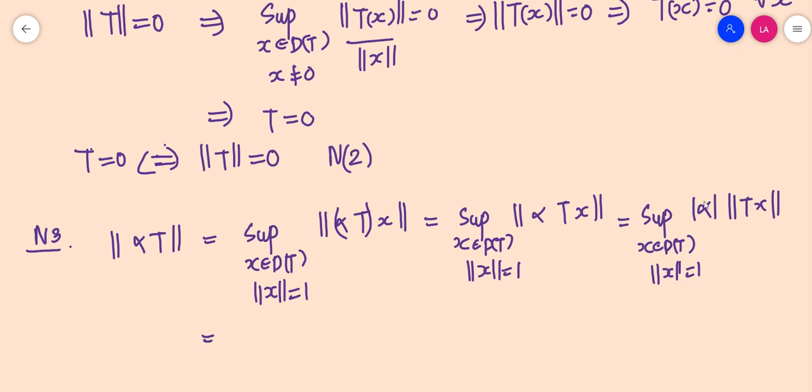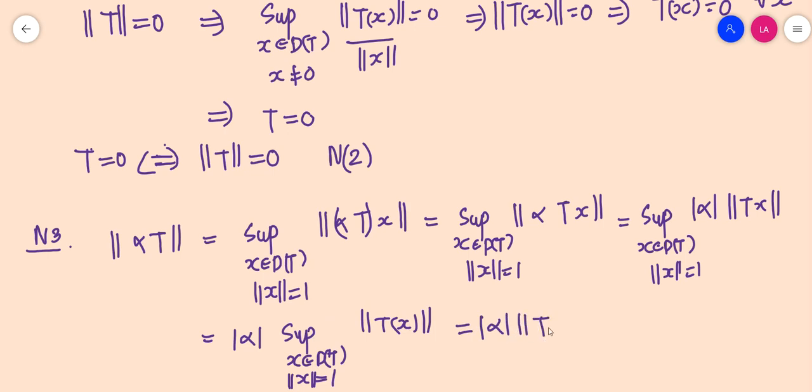If we take the modulus outside, this is equal to modulus of alpha into the supremum over x in D(T), norm x equal to 1, of norm of T x. This is, by definition, norm T, so it is equal to modulus of alpha into norm T. So the third property is satisfied, that is, norm of alpha T is equal to modulus of alpha into norm T.